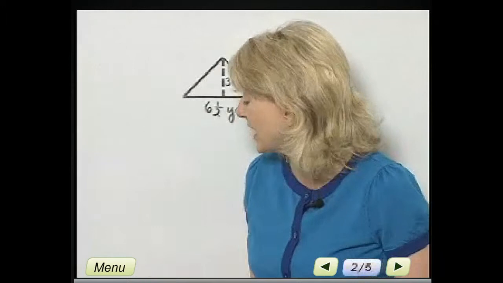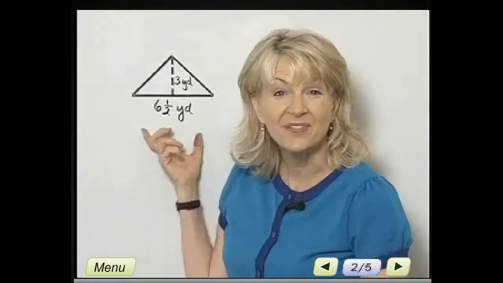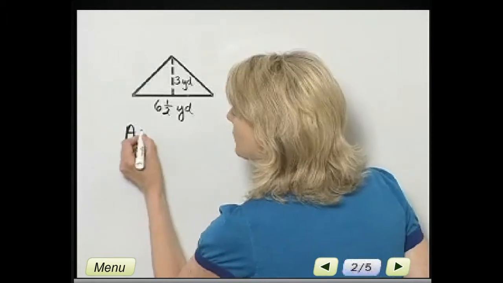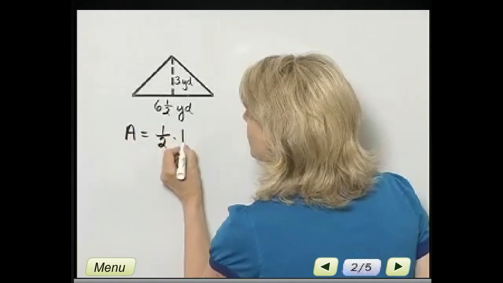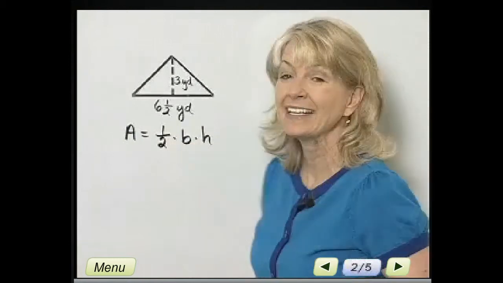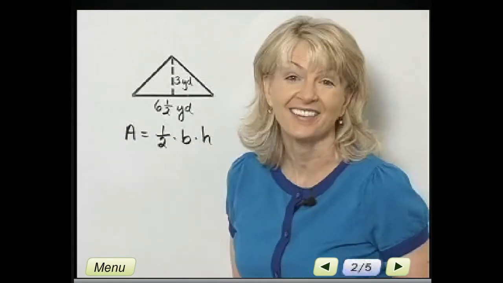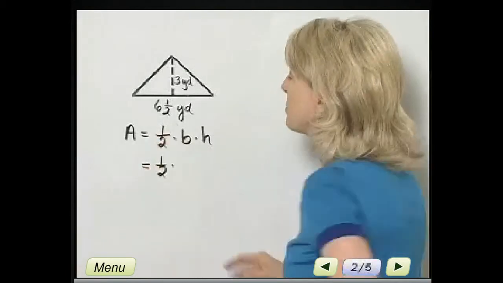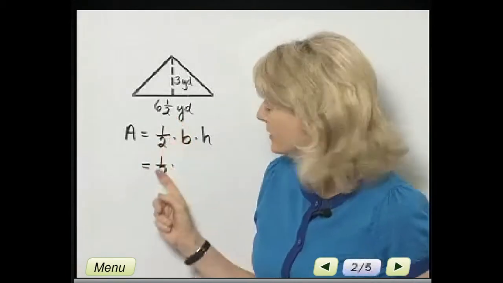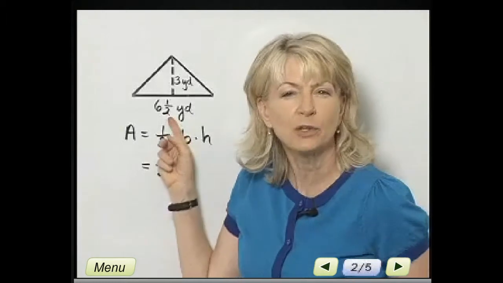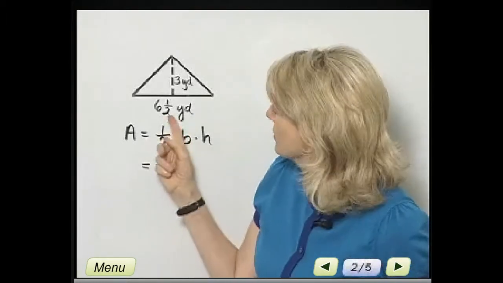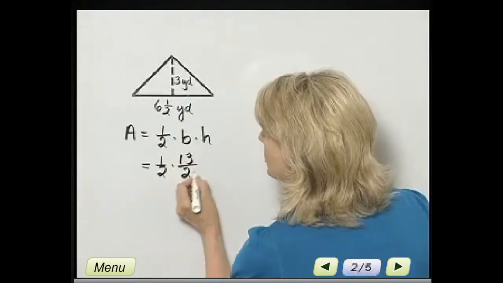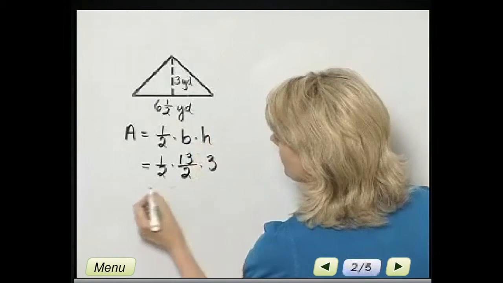Let's continue finding areas. First, identify the figure. Here I have a triangle. The area of a triangle is 1/2 times the length of the base times the length or the height of this triangle. So the area is 1/2 times, the base is 6.5 yards. Since I have a fraction here and this is a mixed number, let's go ahead and write it as an improper fraction. So 2 times 6 is 12, plus 1 is 13/2, and then the height is 3.